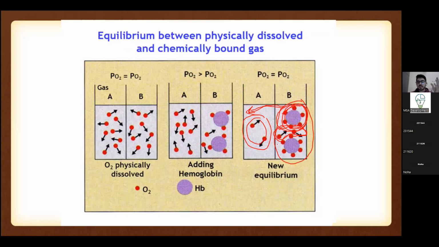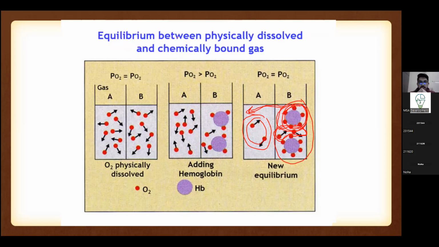The physically dissolved form is very important because it is the only form of oxygen that can diffuse through barriers. The chemically bound is bound to hemoglobin molecules. Therefore, it cannot cross the barriers. So it can't cross from the alveoli to the capillary, or from the capillary to the tissue. Only the physically dissolved can cross the barriers. That's the importance of the physically dissolved type of molecules, okay?